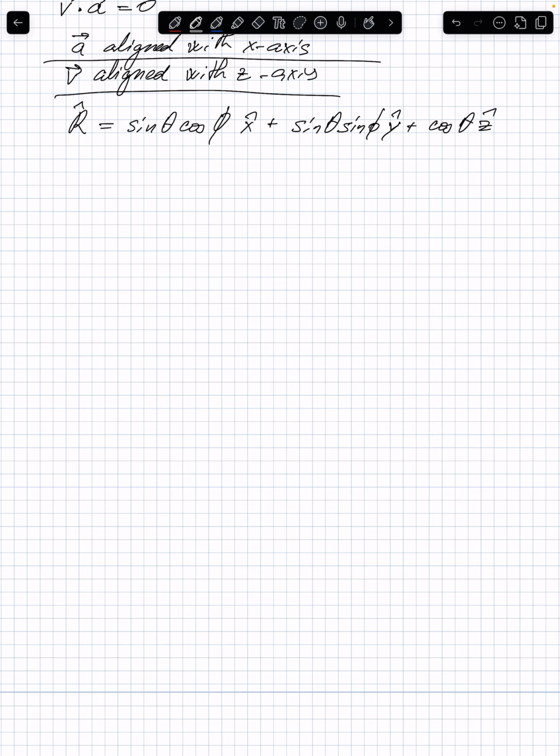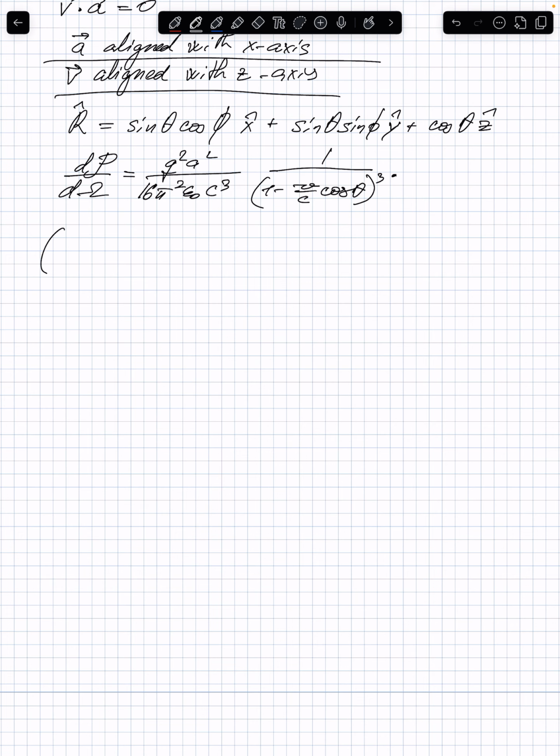We'll get 1 over 1 minus v over c times cosine theta to the cubic power times a bracket, with sine squared theta, cosine squared phi, and v over c cosine theta squared.